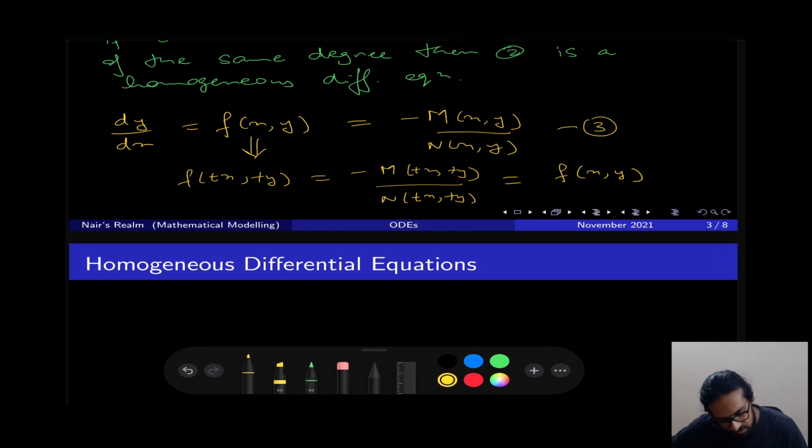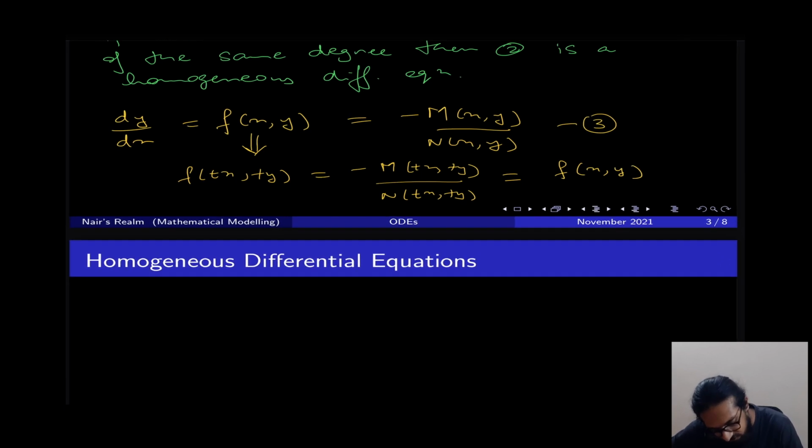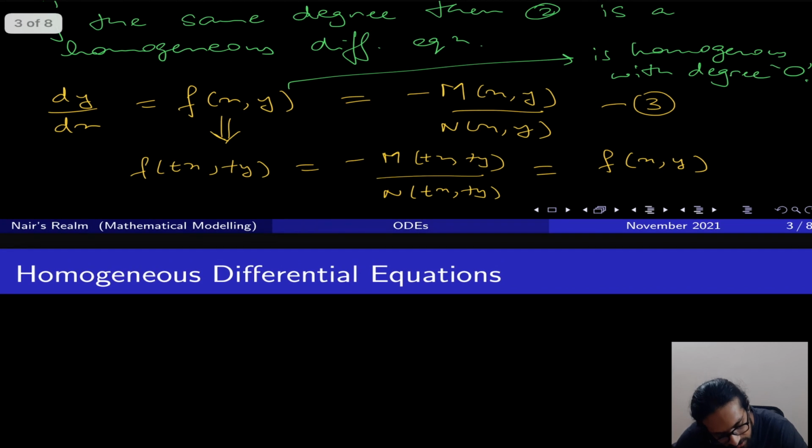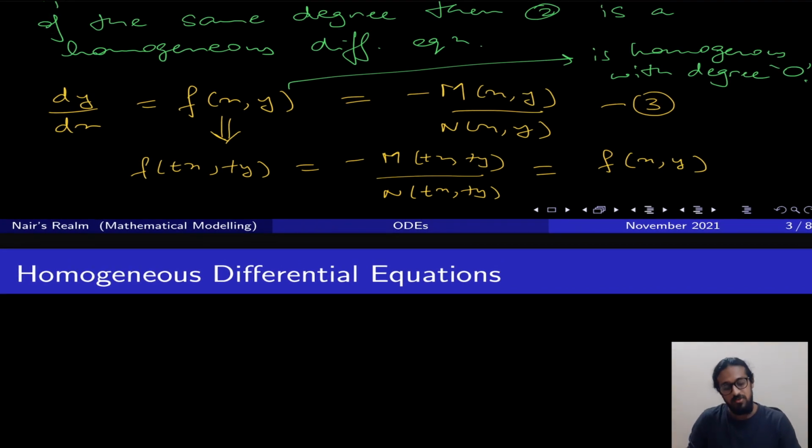Now this essentially means that f is homogeneous with degree 0.